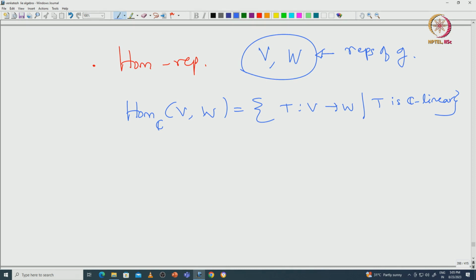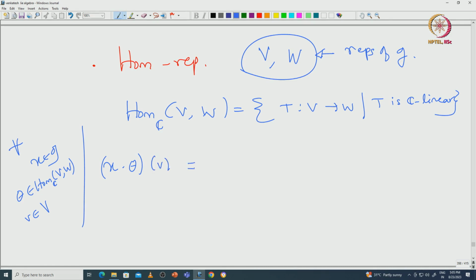That is defined as follows. If I take x dot theta, where x is coming from G and theta is coming from this Hom, then because theta is a map from V to W, I have to say how x dot theta acts on this capital V. So, for this data, what is x dot theta of v?